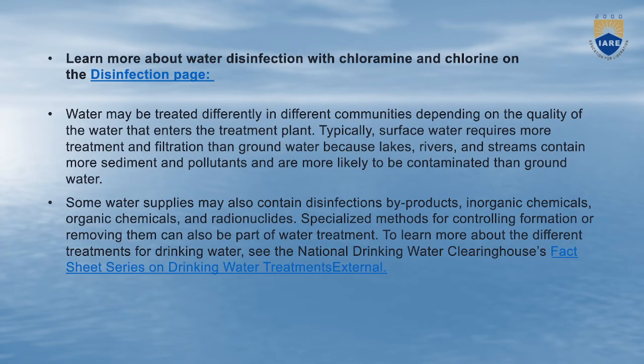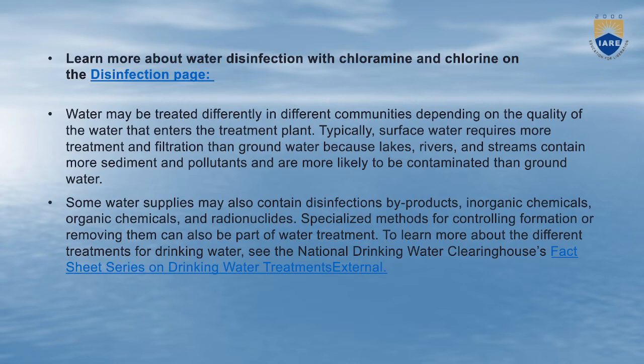Water may be treated differently in different communities depending on the quality of the water that enters the treatment plant. Typically, surface water requires more treatment and filtration than groundwater because lakes, rivers, and streams contain more sediment and pollutants and are more likely to be contaminated than groundwater.